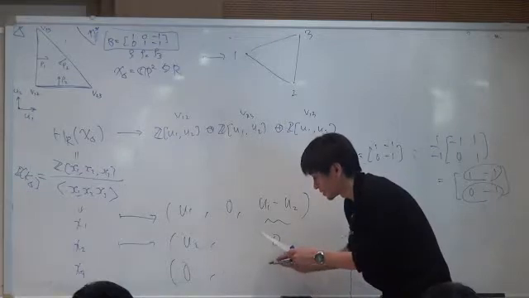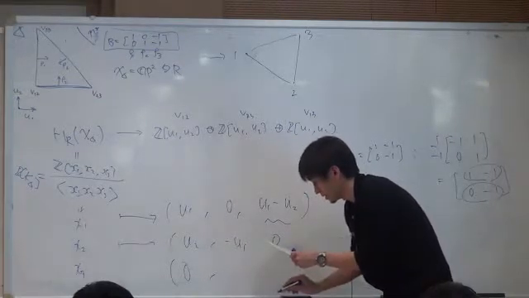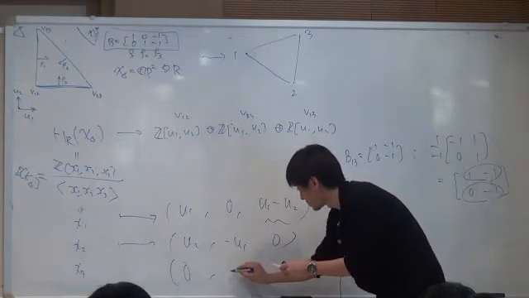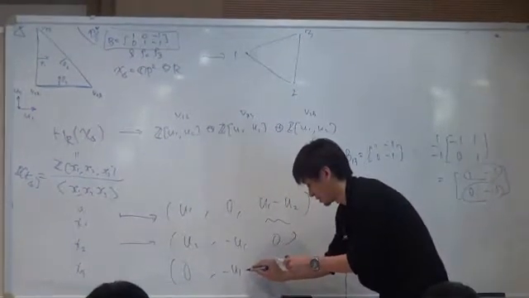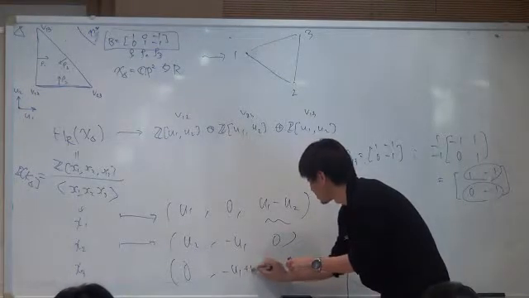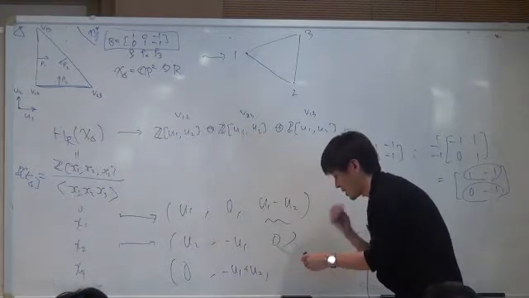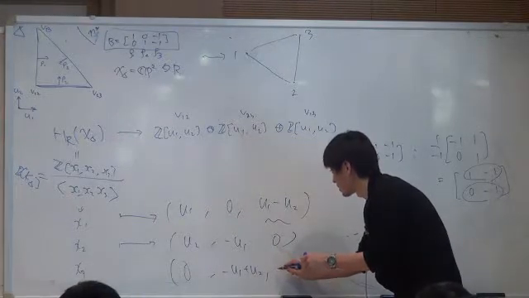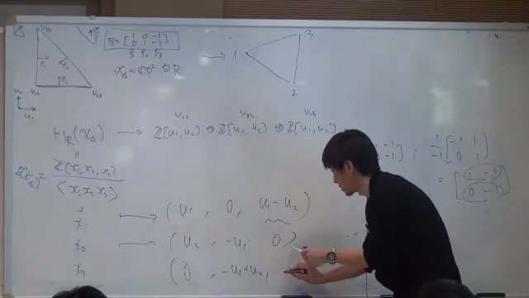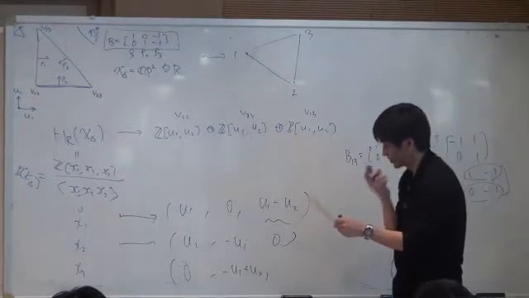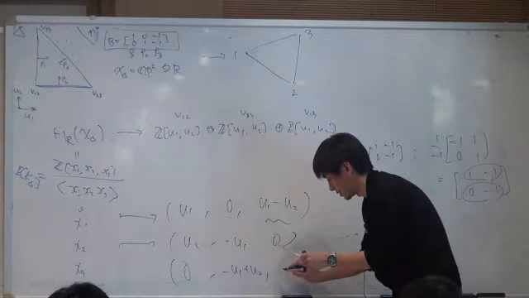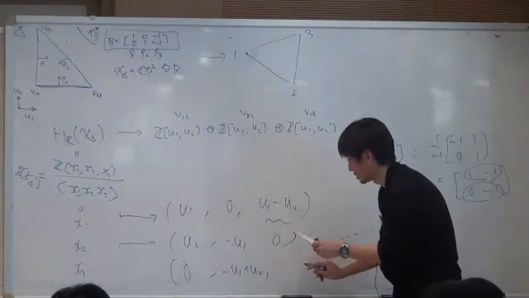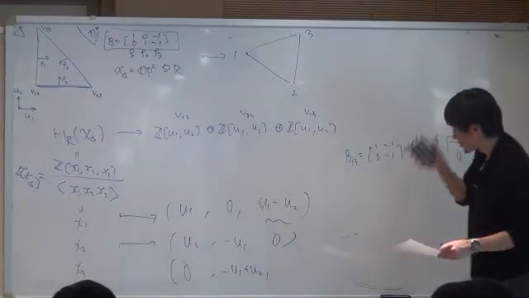So minus lambda 2 is minus u1 and 0, and lambda 3 is minus u1 plus u2, and minus lambda 3. Wait, I'm confused here.